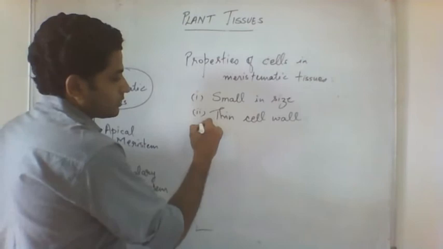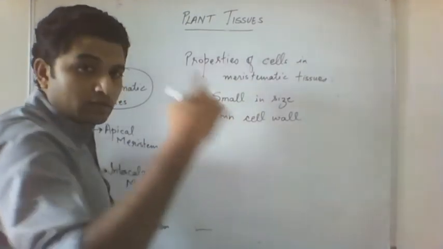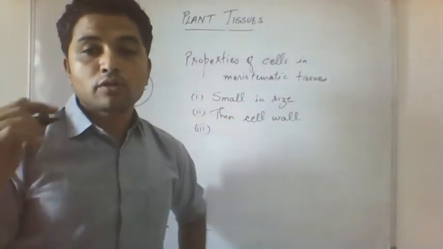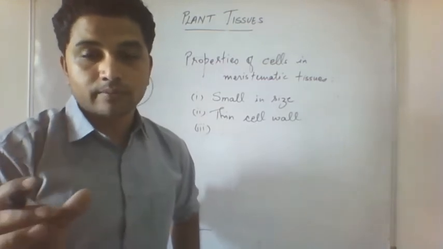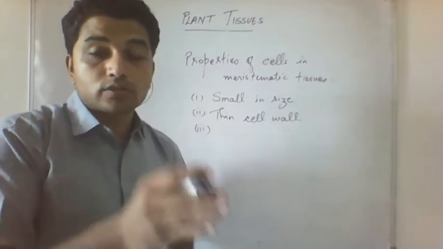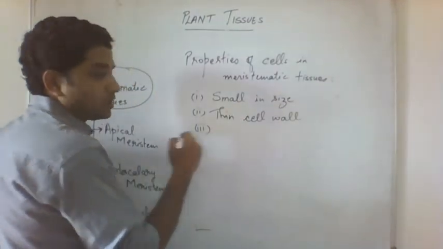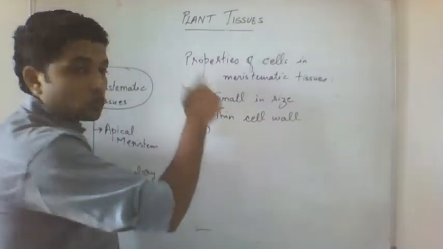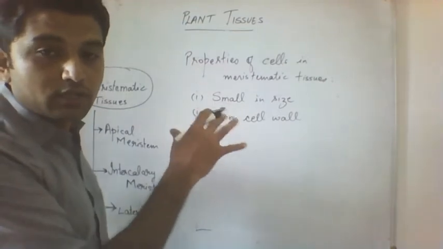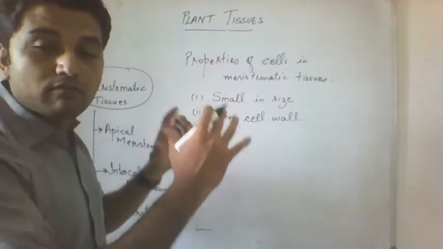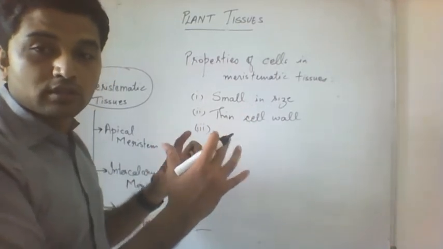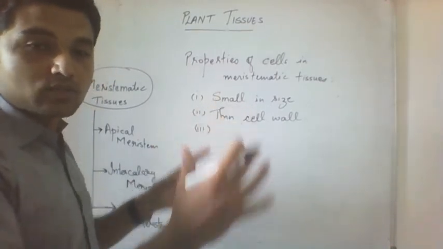And then, recall from your previous chapter, which organelle in a cell allows cell division? That organelle is the nucleus. Because their work is cell division, what will be the properties of the nucleus? These cells will have a large nucleus, because that is the organelle that is working. The rest is not working.